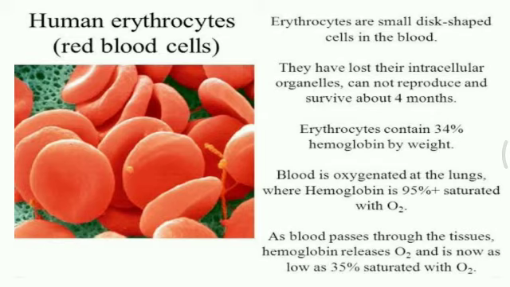Deoxygenated RBC may be pure or impure. It all depends on the presence or absence of other nutrients like glucose or vitamins or minerals or even amino acids present in the blood. So these are four terms which need to be clarified: impure blood, pure blood, deoxygenated blood, oxygenated blood.